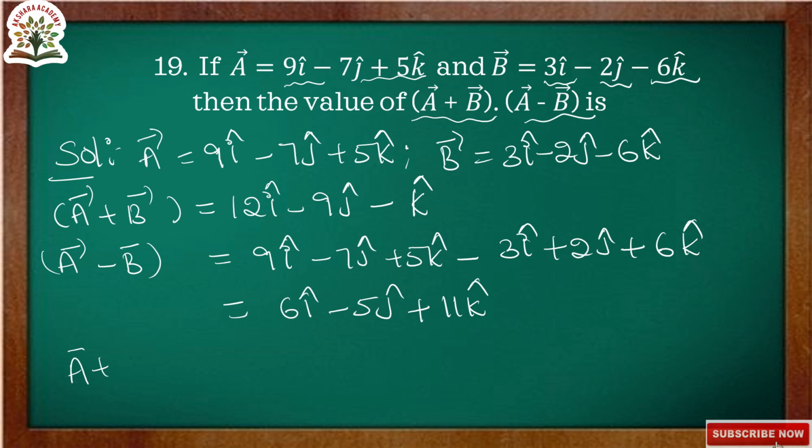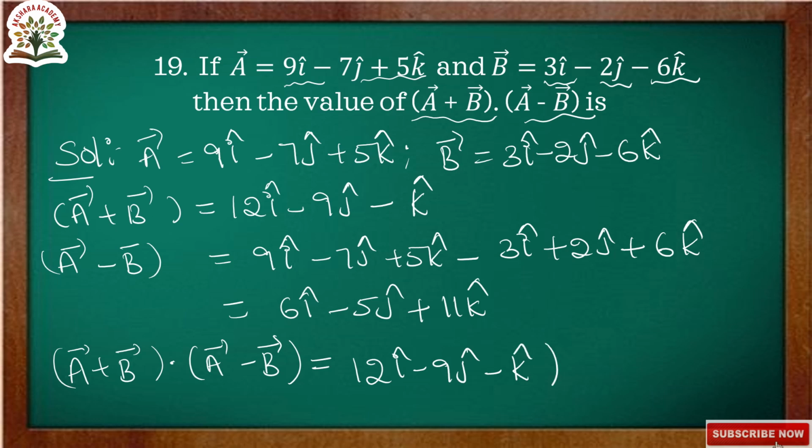Now A bar plus B bar dot product of A bar minus B bar, that is equals to 12 I cap minus 9 J cap minus K cap dot product of 6 I cap minus 5 J cap plus 11 K cap.